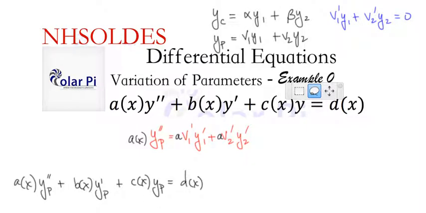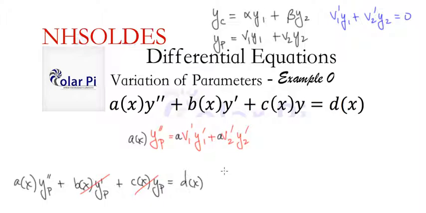And once we plug in, it's supposed to equal d of x, right? So the only survivors from all of this are the a of x terms, and specifically these two a of x terms. Otherwise, this is gone, this is gone, so we just have these two terms equaling d of x. Okay, cool.